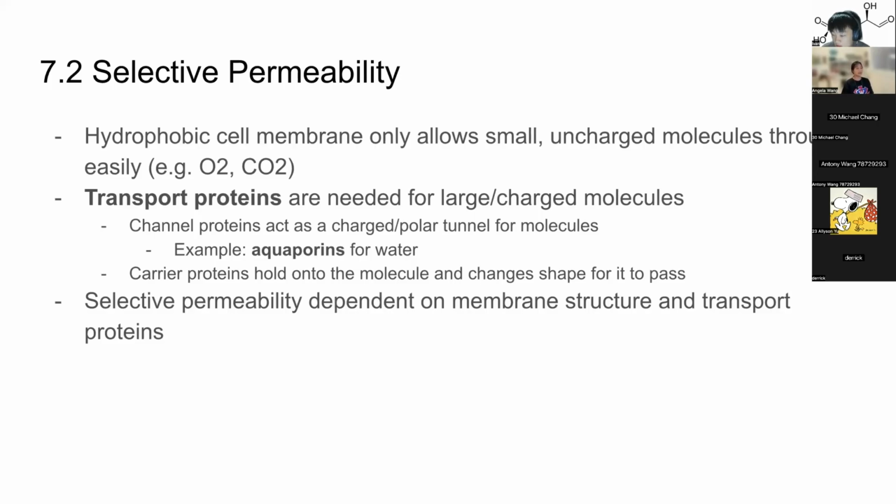Channel proteins act as a charged or polar tunnel for these molecules. For example, aquaporins help transport water faster. Although water can diffuse through, it is very slow because of its polarity. And carrier proteins hold onto the molecules and change shape for them to pass. All in all, selective permeability is dependent on membrane structure and transport proteins.